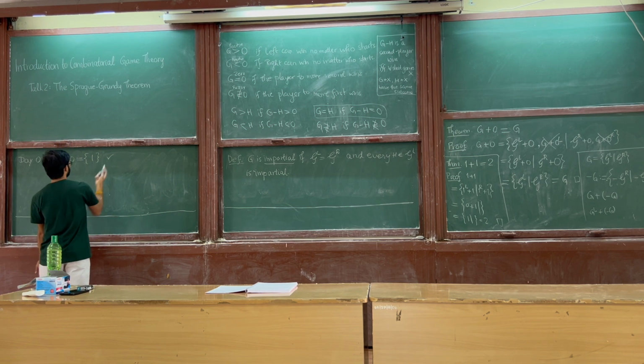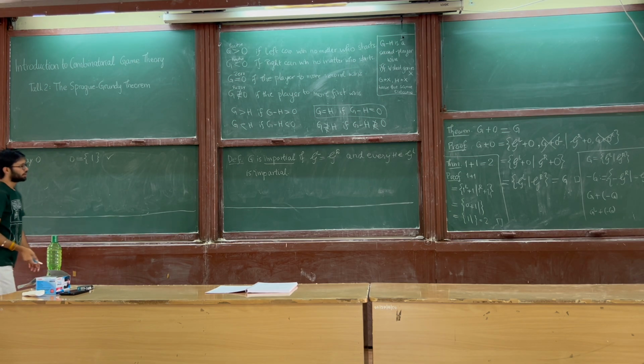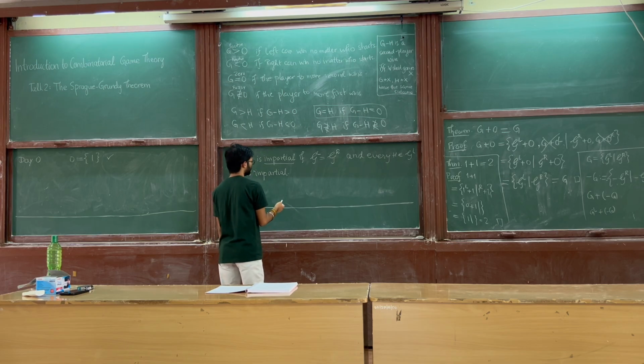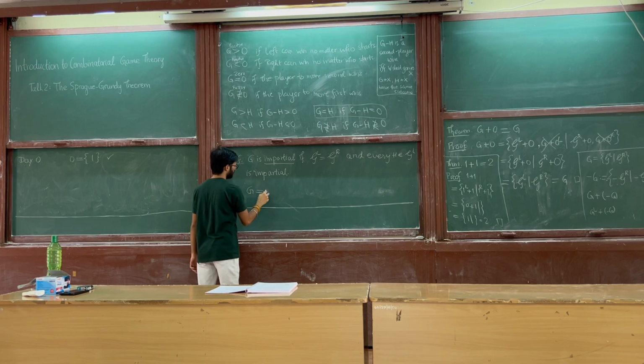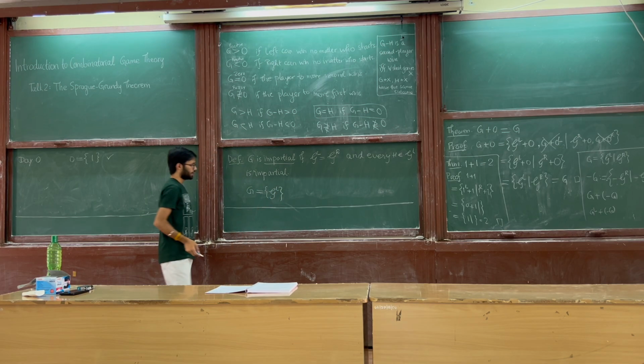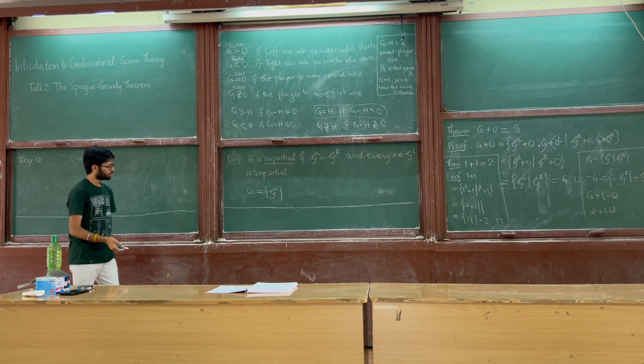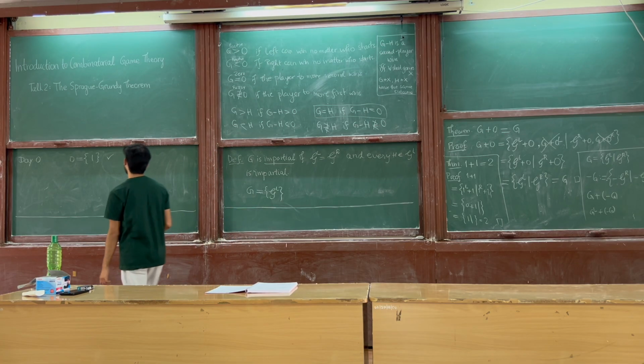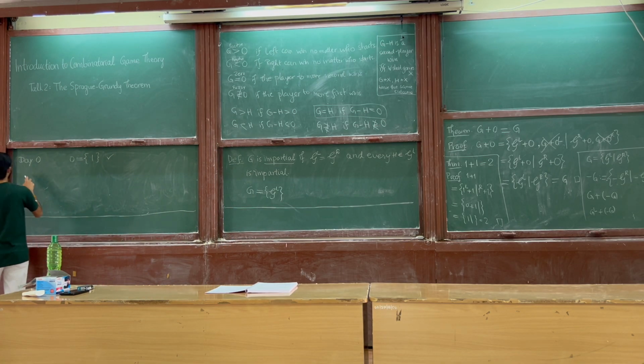Let's just use a notation: if G is impartial, let's not repeat things, so let's just write the set of options once.